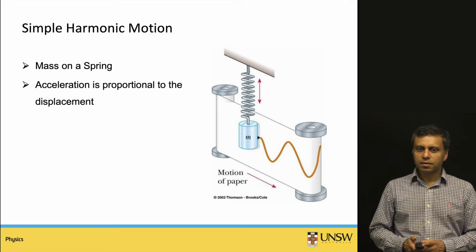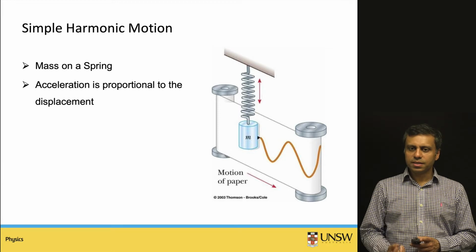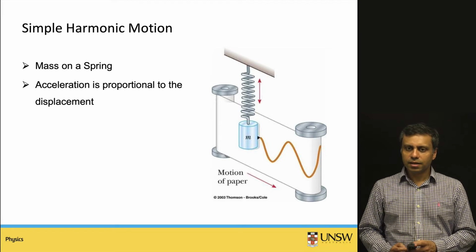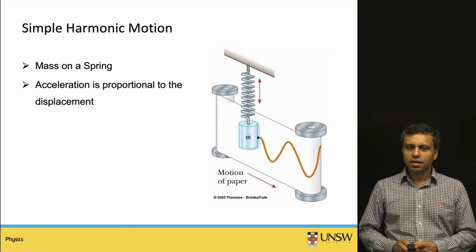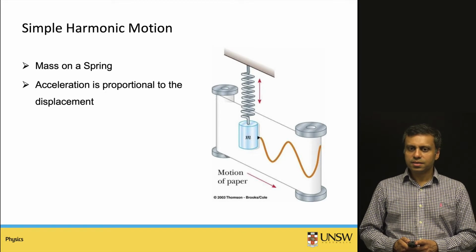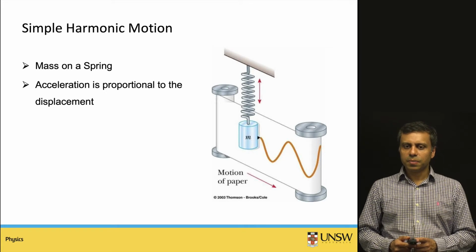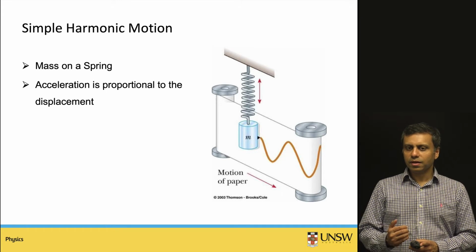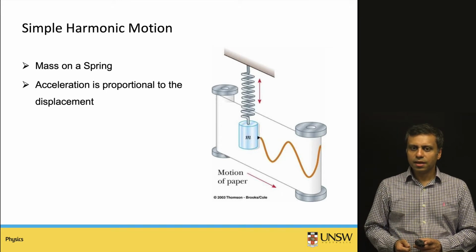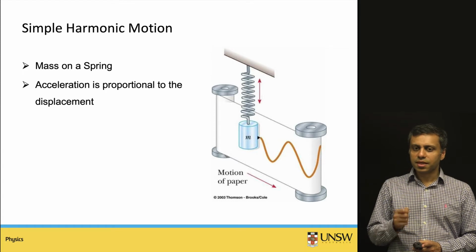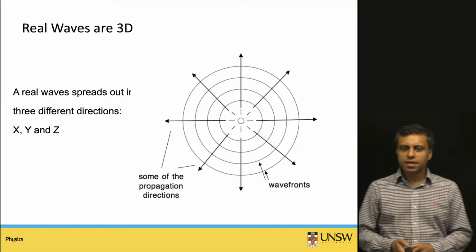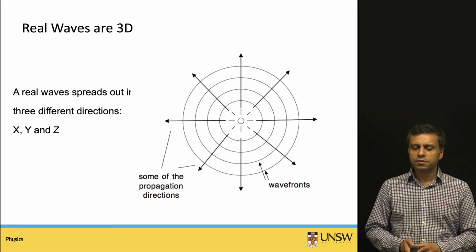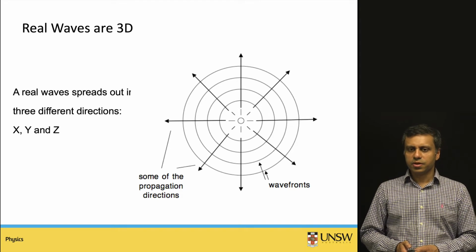If you pull on the mass and let it go, it oscillates back and forth because of simple harmonic motion. Now in this picture you see this system, but there is also a paper, and the paper is moving along one particular direction, and the mass is tracing out a sinusoidal wave as it oscillates vertically up and down.